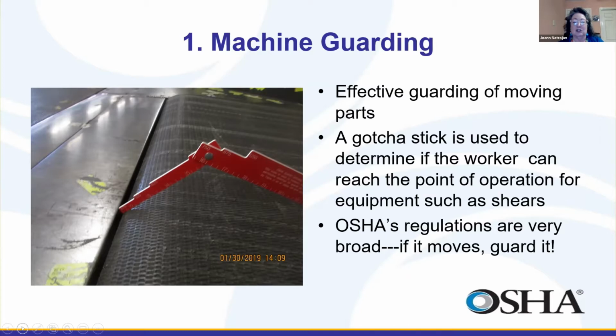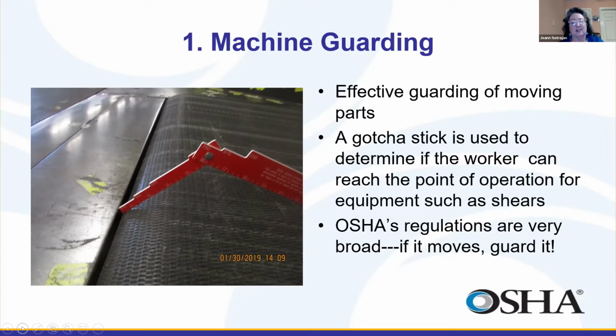And you use it, for example, let's say you have a shear. Well, a shear, usually there's an opening, and the shearing action is, I don't know, 6 to 12 inches behind where the opening is where you slide something in. So you want to know, well, could the person actually touch where the shear action is? Well, you would use a gotcha stick to check that, to make sure that they couldn't actually stick their finger or arm all the way in there to get to that point of operation.